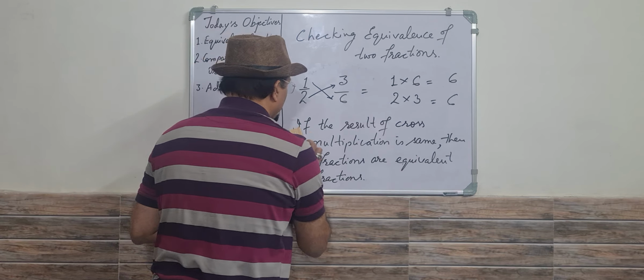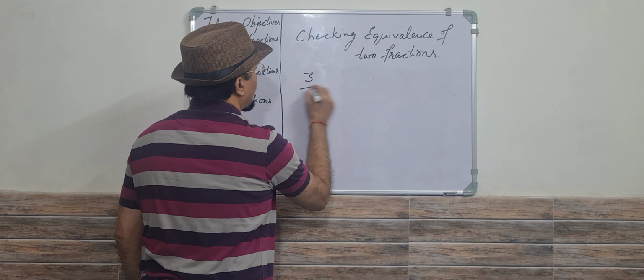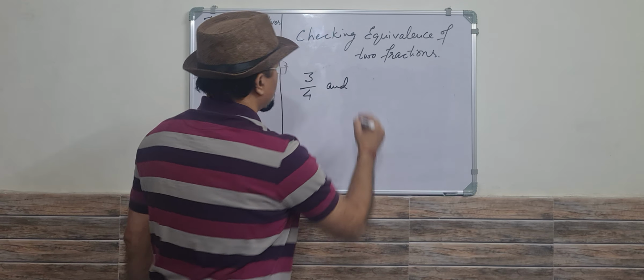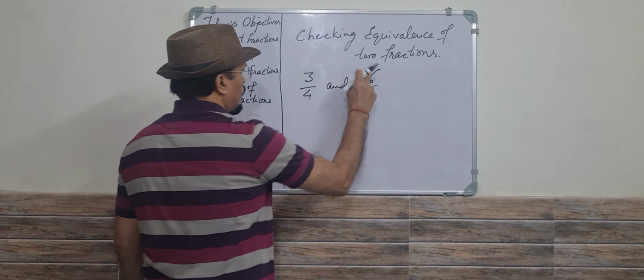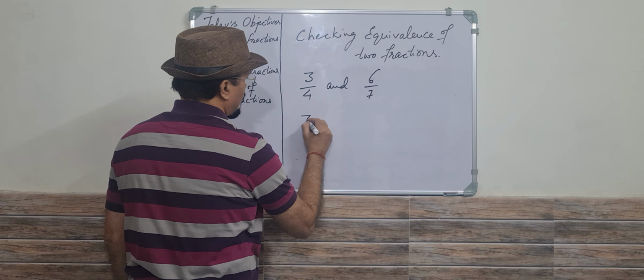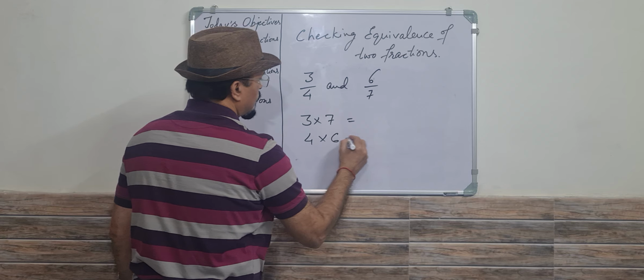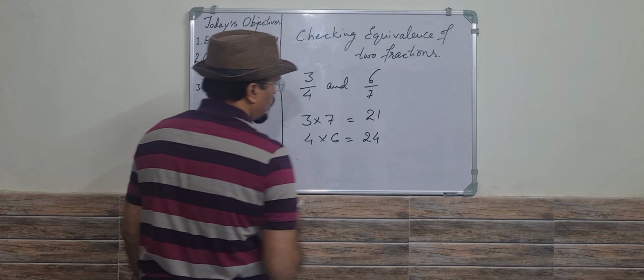I'll give you one more example. Supposingly I take two fractions, say 3/4 and 6/7, whether they are equivalent or not. The method is cross multiplication. 3 multiplied by 7, 4 multiplied by 6: 3 7s are 21, 4 6s are 24.